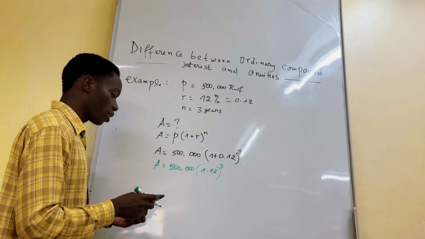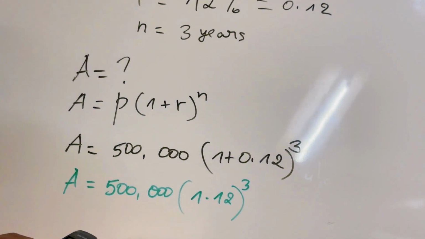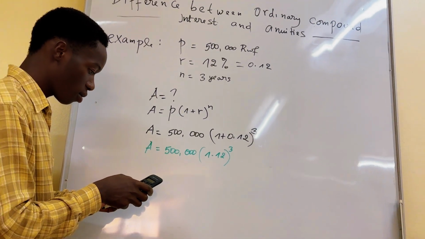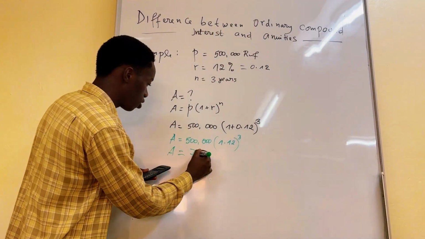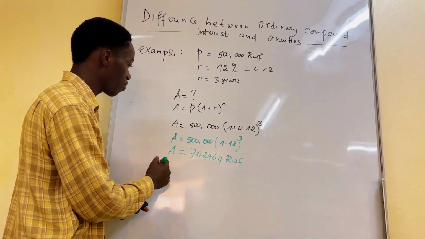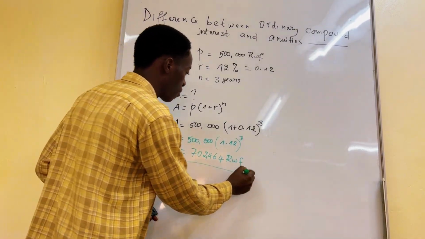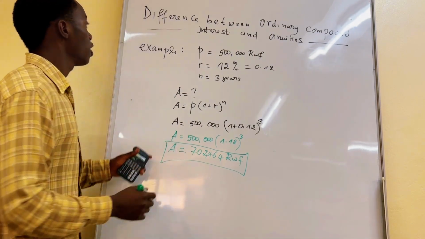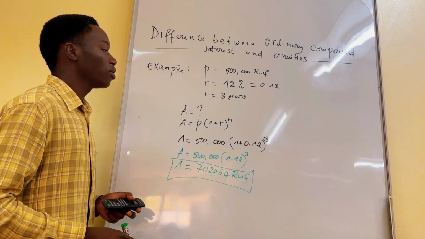By using our calculator, we get the answer in Rwandan francs. So this is the first example on ordinary compound interest.